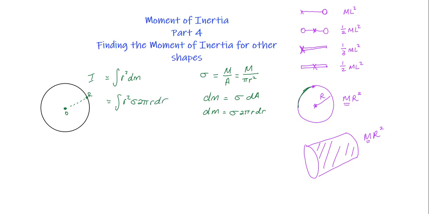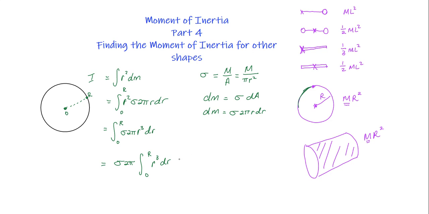And when you look at this, you know that you're going to be integrating from the center outwards, so from 0 to R. So let's do some simplifications here. Integrating from 0 to R, this is sigma times 2 pi times r cubed dr, and sigma and 2 pi are constant, so I'm going to integrate r cubed.